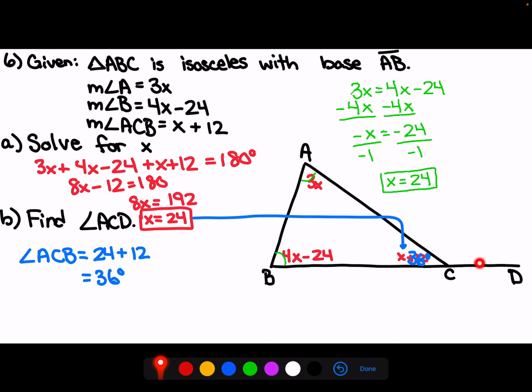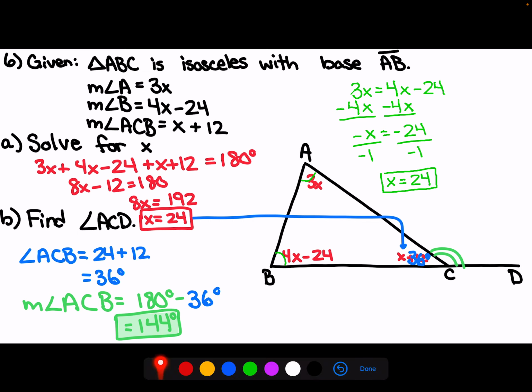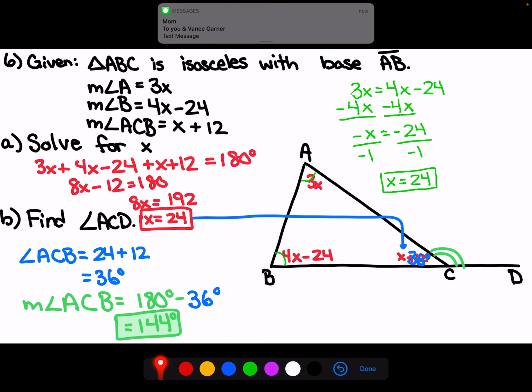I see that we have a straight line here, which means that this is a straight angle, something we can assume from a diagram. So I know that the total angle amount right here is 180. So for angle ACD, I'm going to take 180 degrees and subtract the 36 from it. That will leave me with angle ACD. So therefore, angle ACD, should be a D here, is equal to 144 degrees.